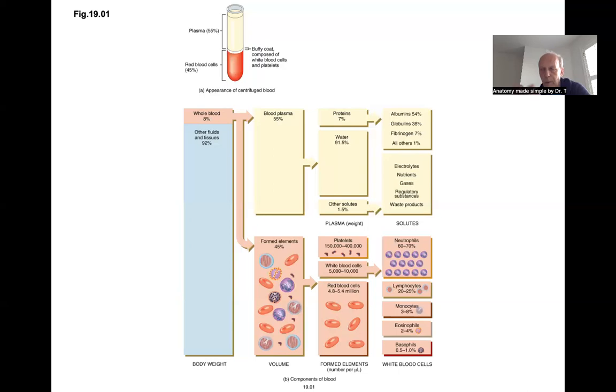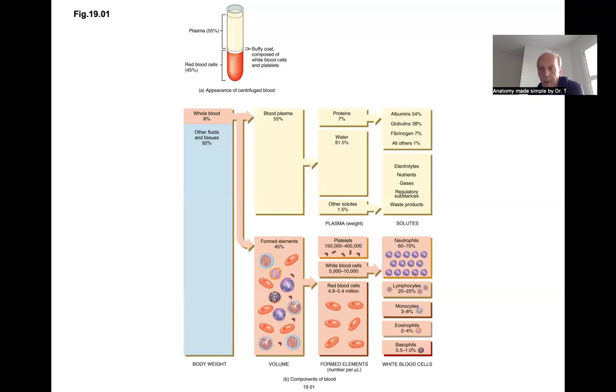Microliter, if you just want to get a little bit of an idea, is something that you imagine as a tiny cube made by 1 by 1 by 1 millimeter sides, and you fill it up with blood. That is the volume of 1 microliter. So 1 cubic millimeter is what contains 5 to 10,000 white blood cells.